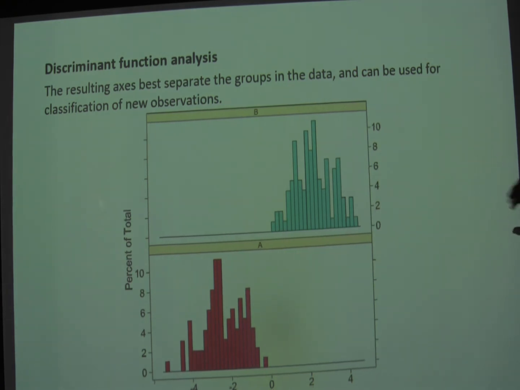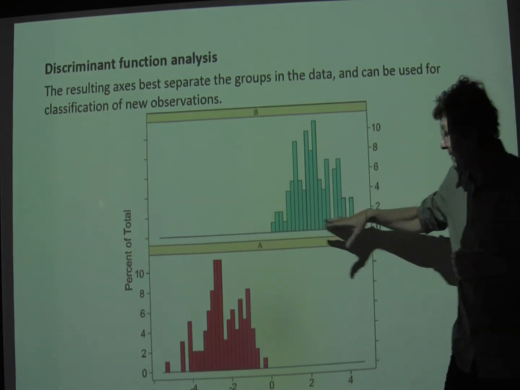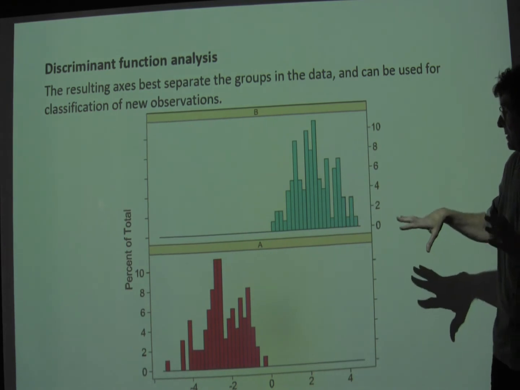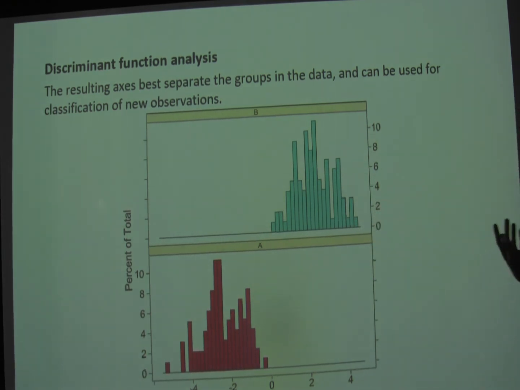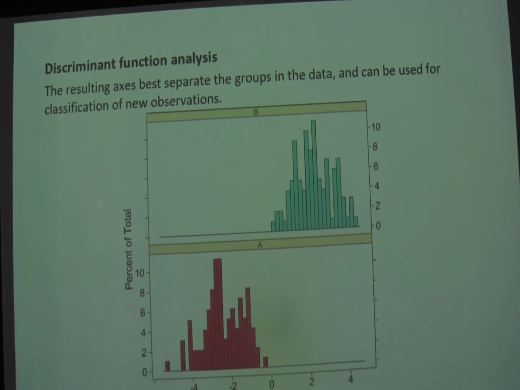And then what I would be plotting is the histograms along that discriminant axis for the remaining half. And then we would be able to see how well this new axis works for observations that weren't actually involved in the identification of that axis.